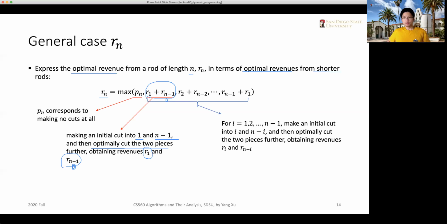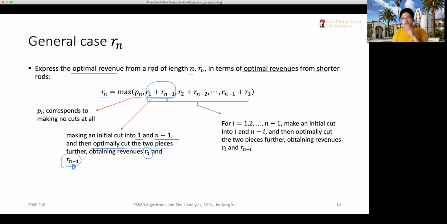So we iterate over i from 1 to n minus 1, and we make an initial cut to make the rod into lengths i and n minus i, and then optimally cut the two pieces further and obtain the revenues Ri and Rn minus i.